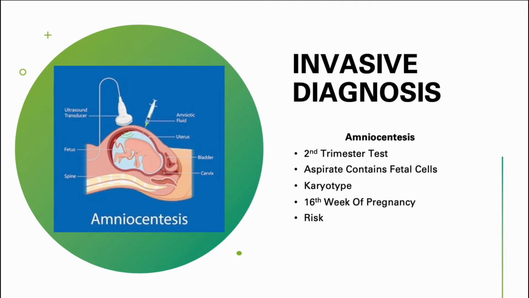So now, when do you want to do this amniocentesis? Amniocentesis is preferred to do about the 16th week of pregnancy, right? This is the best time to do it. Now, as far as risks go, there's a risk of rupturing the membrane. Again, leaking of the amniotic fluid.